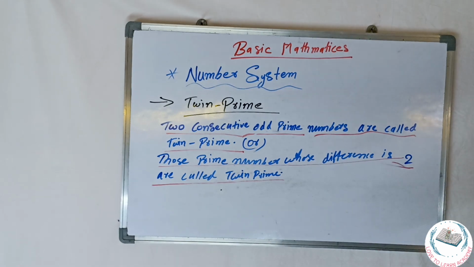So in simple language, take two prime numbers. You can take a prime number, or you can take an odd number, which you already know.